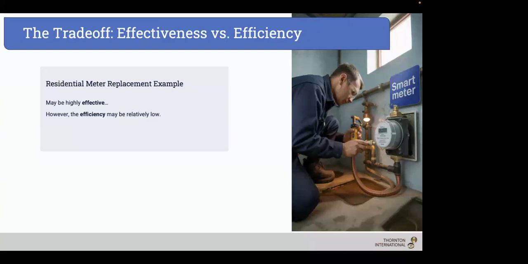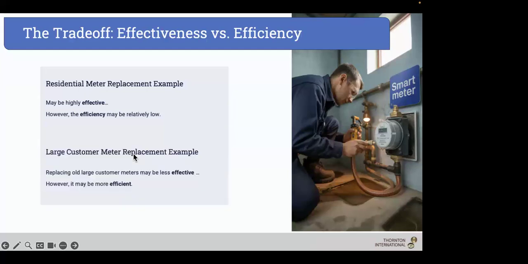That can be very highly effective because most of the time, the biggest amount of consumption comes from residential users. So we will increase the billable water. However, the efficiency may be relatively low because the increase in water billing per dollar won't be that great.